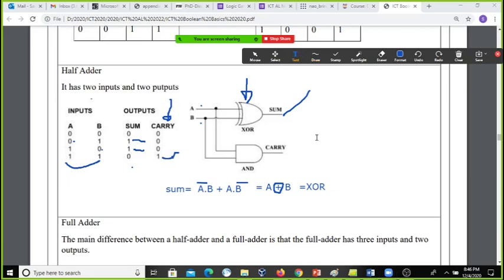Therefore, for that one, you can write the Boolean expression which is equal to A into B, because this one is for these 1 and 1, that is just AB. So this carry bit is given by this multiplication, A into B. So that is the way you can get the expression for the half adder.